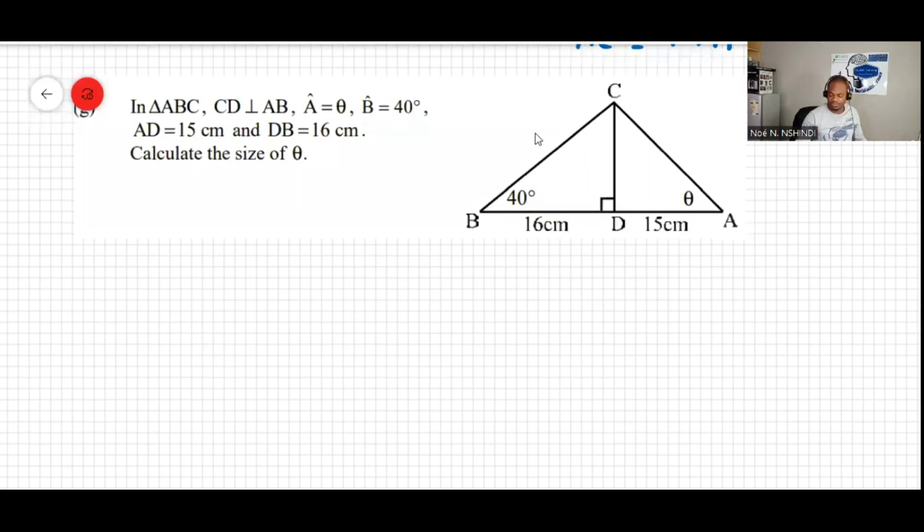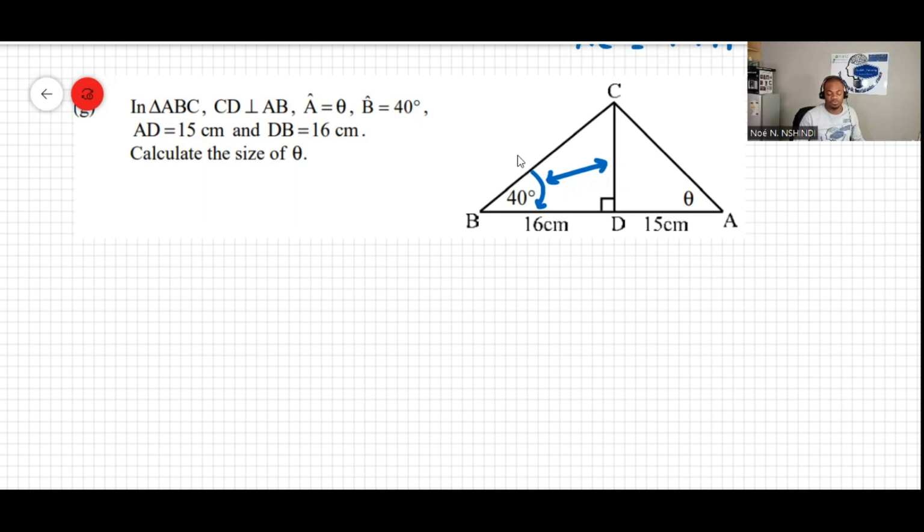Over here, I look at the angle here, which is adjacent to 16 centimeters, and it is also opposite to CD. Now, I can't use the cos formula here because cos will give me the hypotenuse instead.